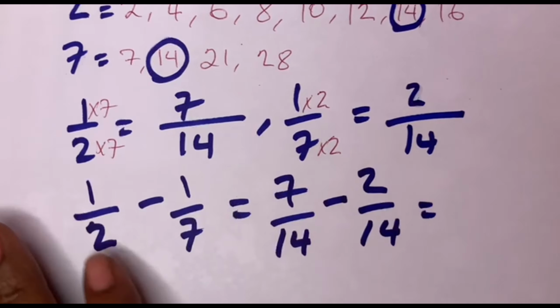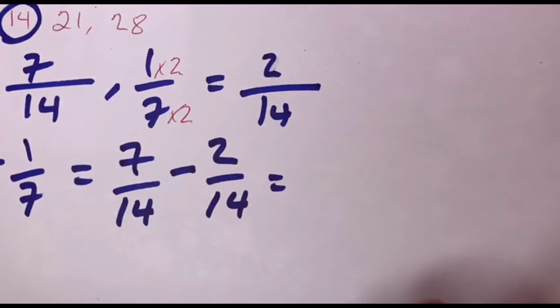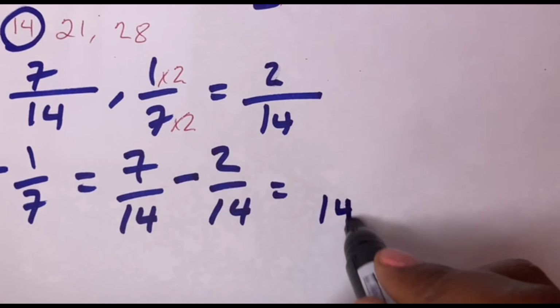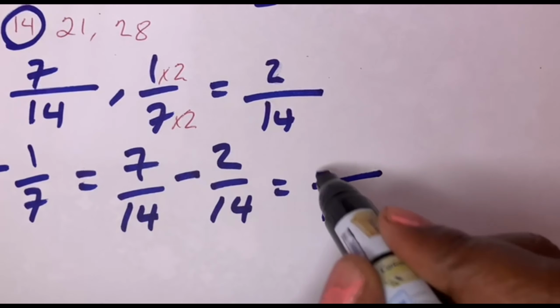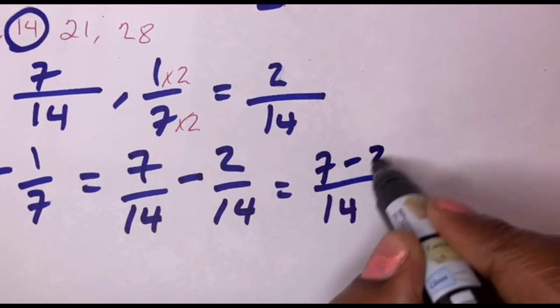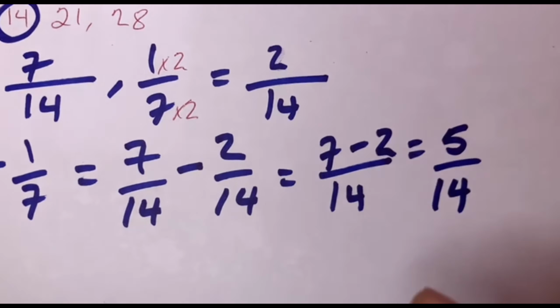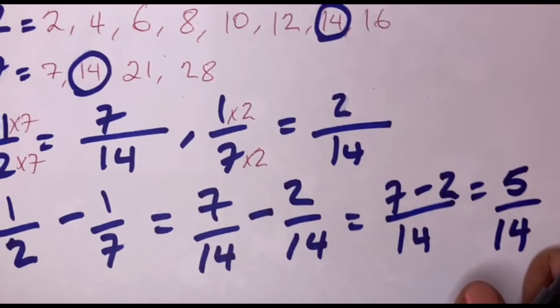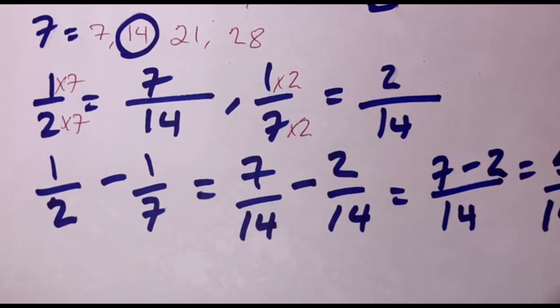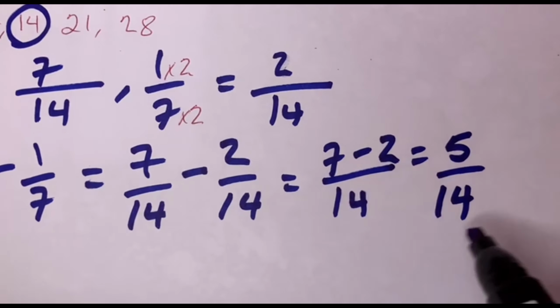So we take the denominator to be 14, and we just subtract 7 minus 2, which is 5 over 14. Okay? So 1 over 2 minus 1 over 7 will be 5 over 14.